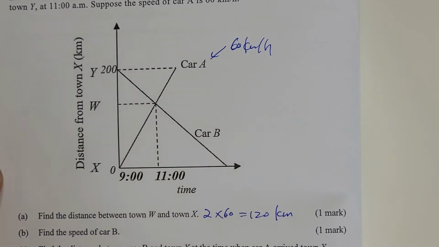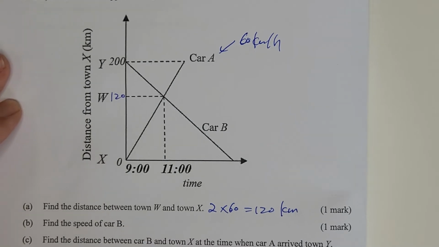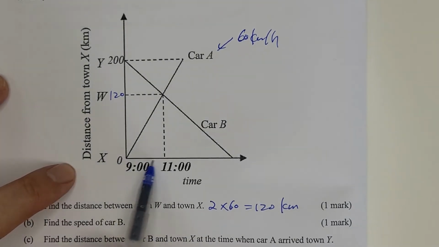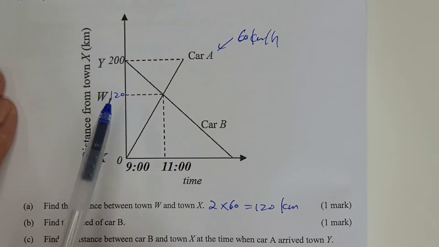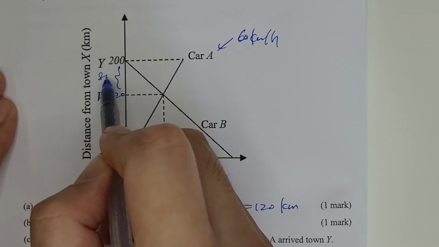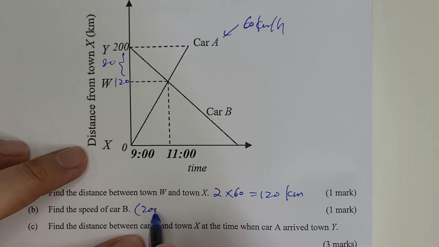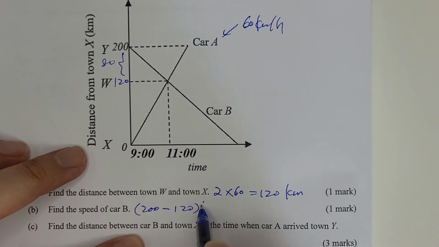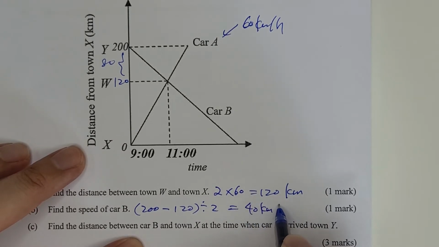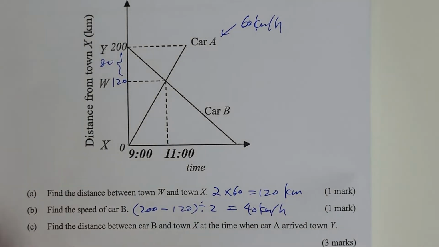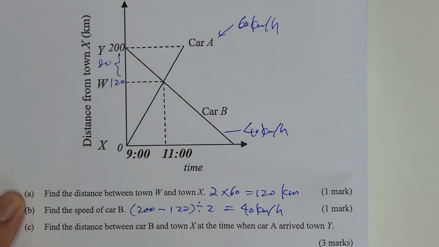And part B, find the speed of car B. As you can see, in 2 hours, it traveled from 200 back to 120, that is 80 km. So you can just apply 200 minus 120 divided by 2. So you will get 40 km per hour. Quite straightforward.